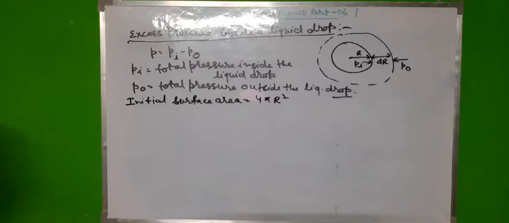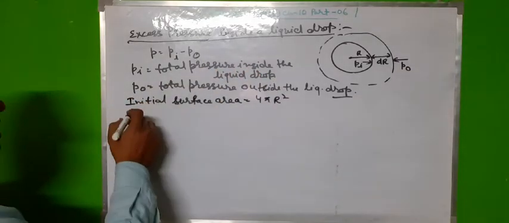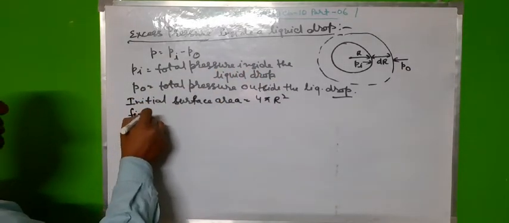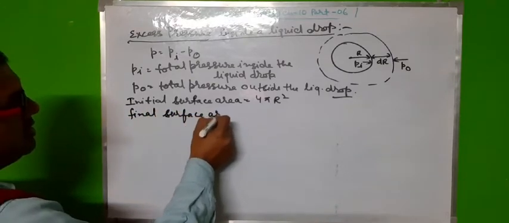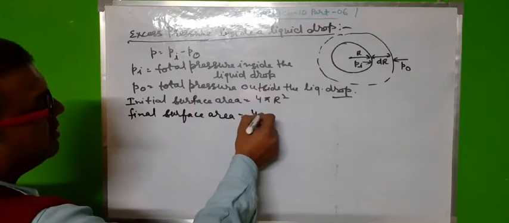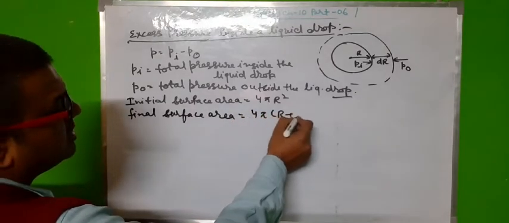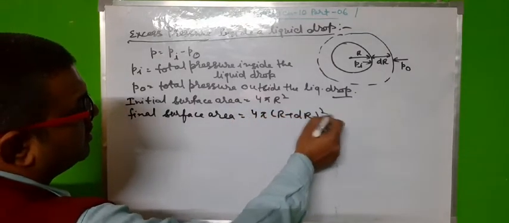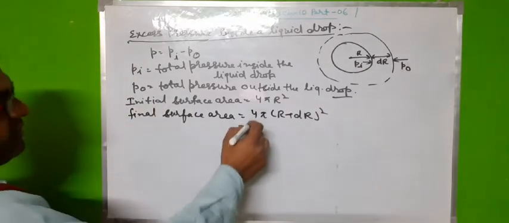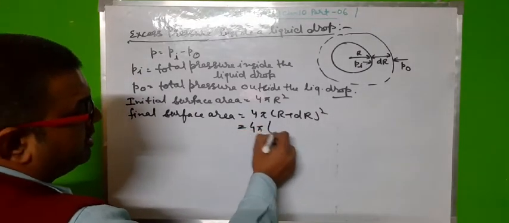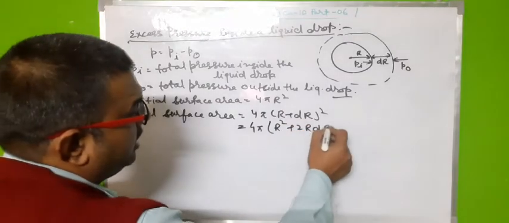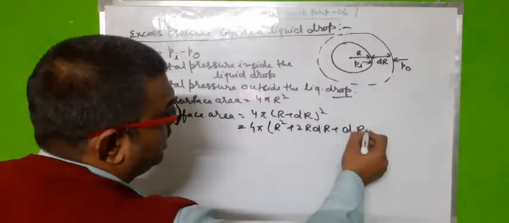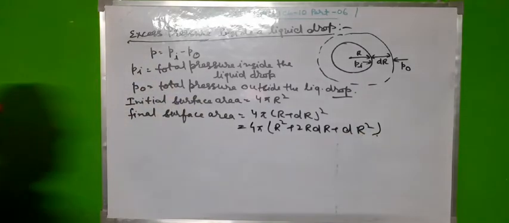And the final surface area, after increasing the radius, is 4 pi (r plus dr) square. Here we can write it as 4 pi r square plus 2r dr plus dr square.